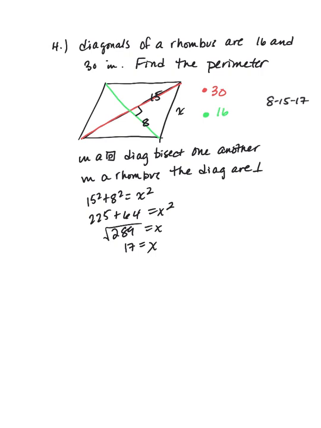So the next thing is, in a rhombus, all four sides are congruent. Look at all the geometry that's involved here to get the problems done. So you do 4 times 17, which is 68 inches.